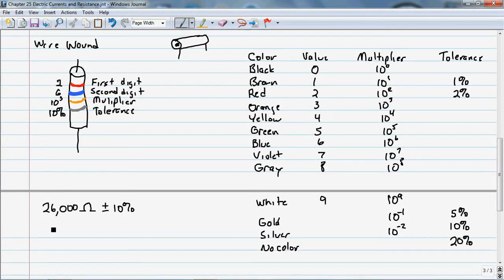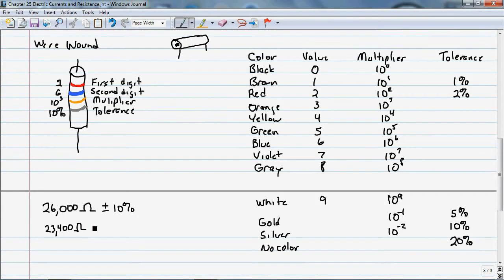Well, if it's plus or minus 10%, then the range is going to be 26,000 minus 2,600. So that's going to be 23,400 ohms.